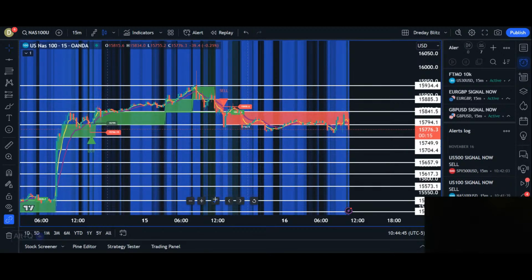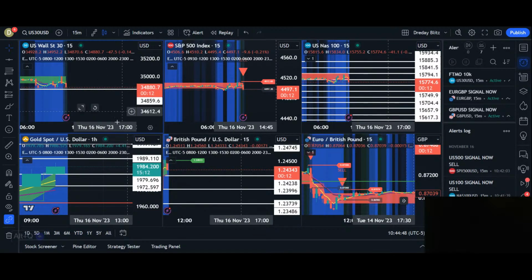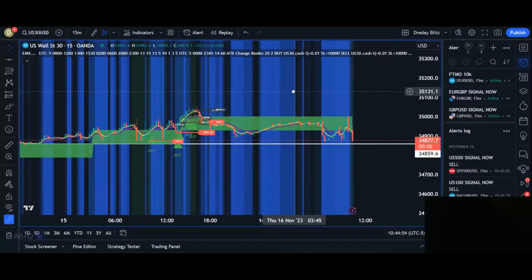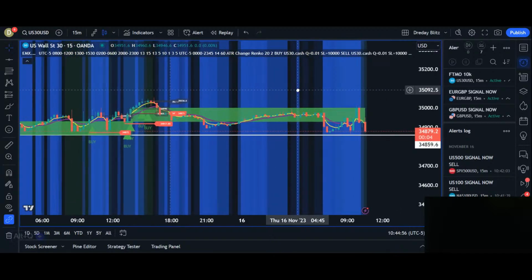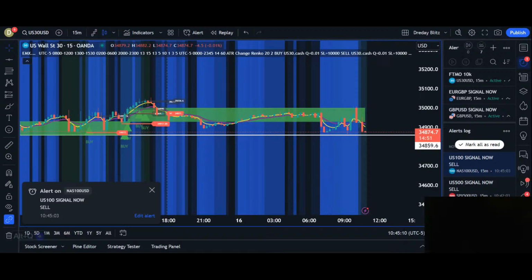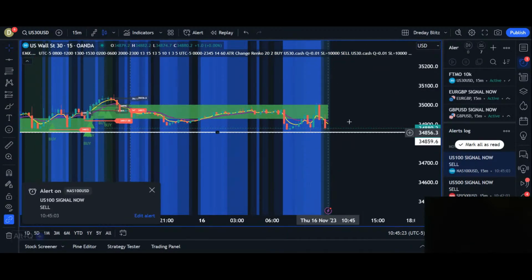So US30 is starting to reverse. So another sell signal here on US Nasdaq. So we're expecting to get maybe a reversal here on US30.